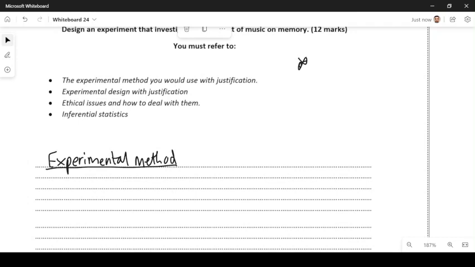So rather than saying I will choose a lab, you're going to be saying something along the lines of for this experiment, a lab environment will be used.